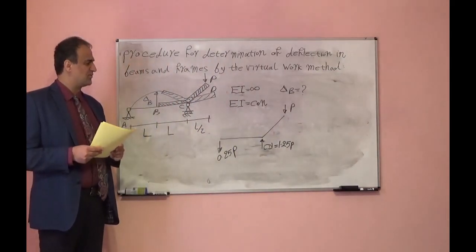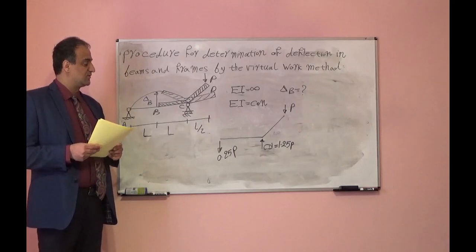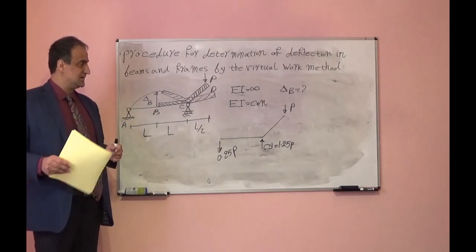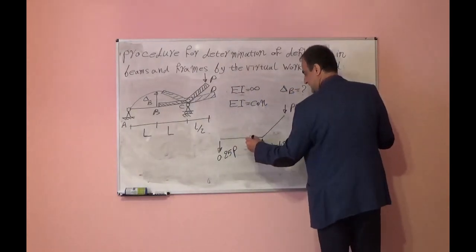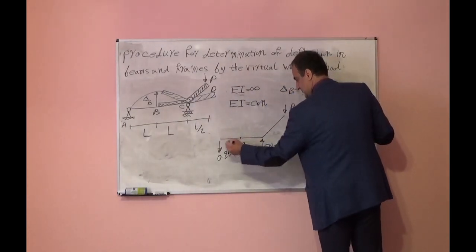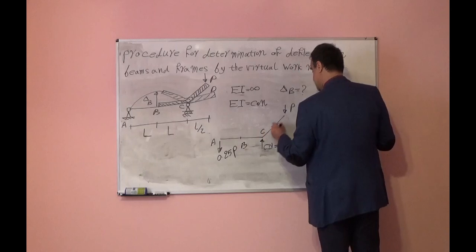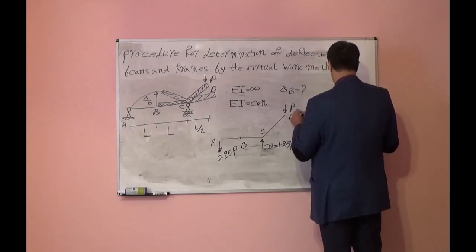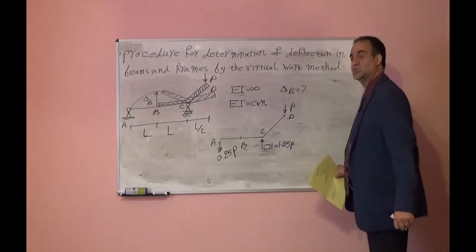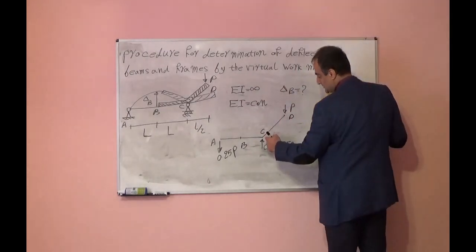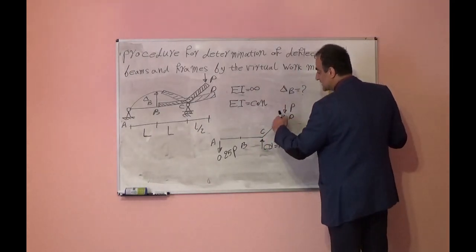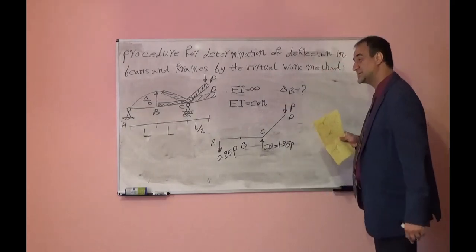Now let's draw the moment diagram. Drawing the moment diagram here is very easy. The moment here at point A, B, C, D. Moment at point D is 0, because again it is a free end. Moment at point C will be P times distance. Which distance?